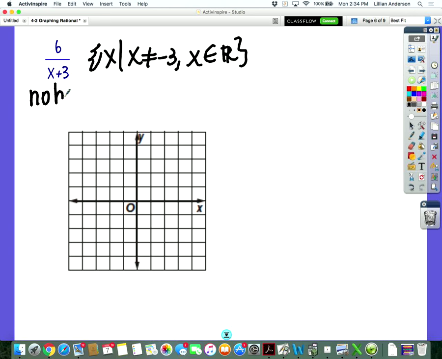No holes. It does not simplify. Michaela, give me something. Anything. What's the y-intercept? 0, 2? If you plug in 0 for x, 6 over 3 is 2, so (0, 2). Very awesome. Okay. Christian, give me something else.